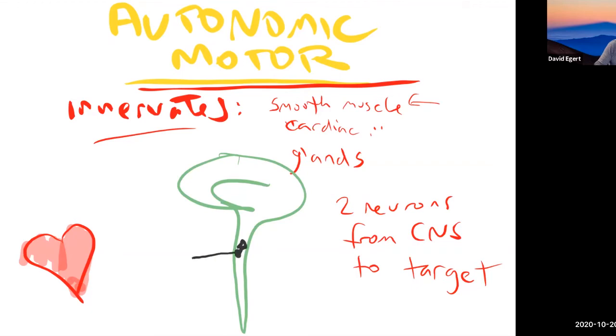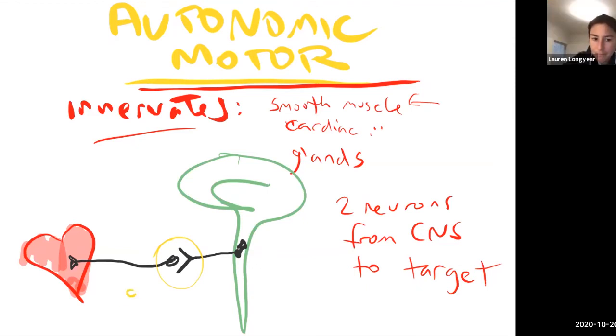It goes a little while. Then it stops. Then it meets another neuron. Then another neuron continues to the target. What do we call cell bodies outside of the CNS? Ganglia. So here we're going to have a ganglion of some sort. So we often call this one here the pre-ganglionic neuron.